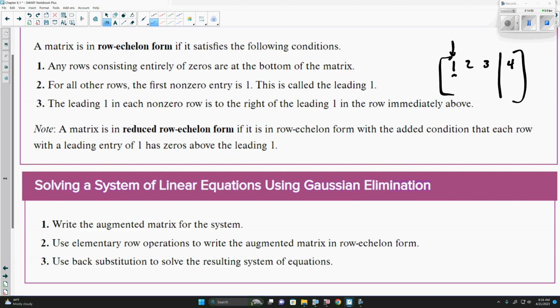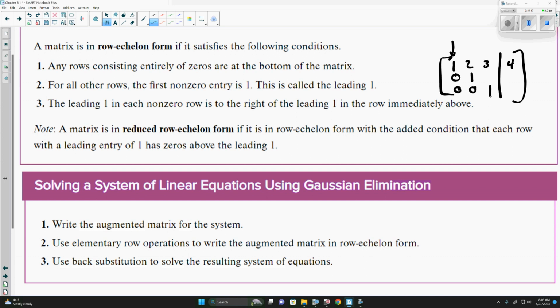So what that means is that the first number in the next row needs to be 0, and we have 1 to the right of it. If we had another row, its 1 needs to be 1 to the right of the previous one. We need this diagonal of 1s. We can't have two leading 1s over the top of each other for it to be in row echelon form.